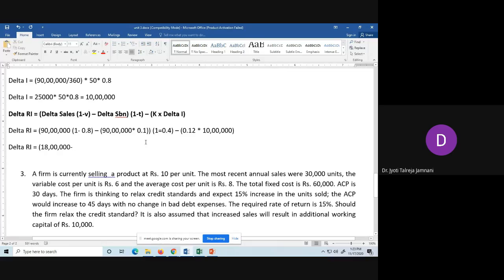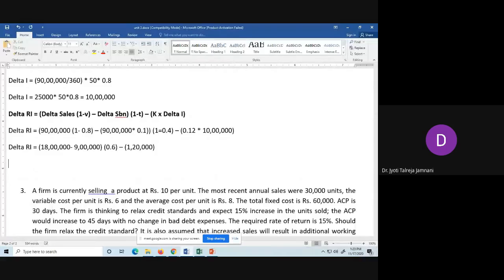Minus 90 lakh into 0.1, 9 lakh. Then 1 minus tax rate, if you do, you get 0.6, minus 0.12 into 10 lakh, 1,20,000.